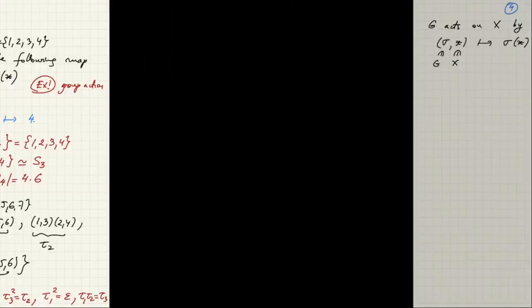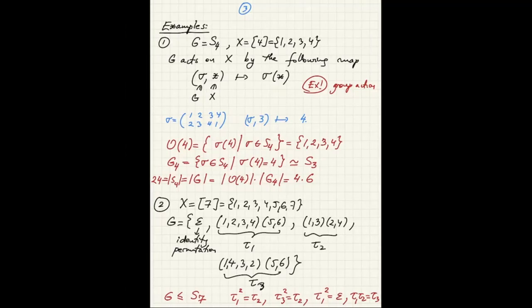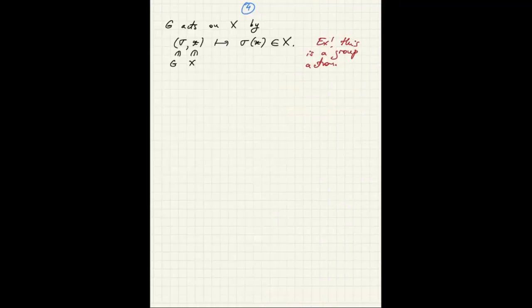Perhaps it's good to write these permutations on this page, so let me write them again here. We have epsilon, (1 2 3 4)(5 6), (1 3)(2 4), and (1 4 3 2)(5 6).